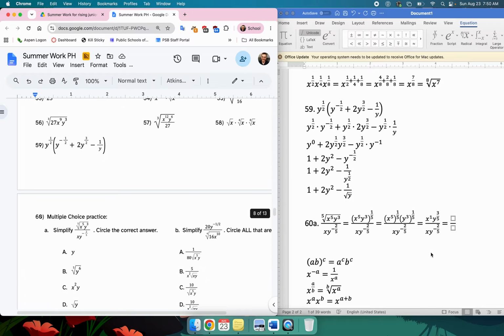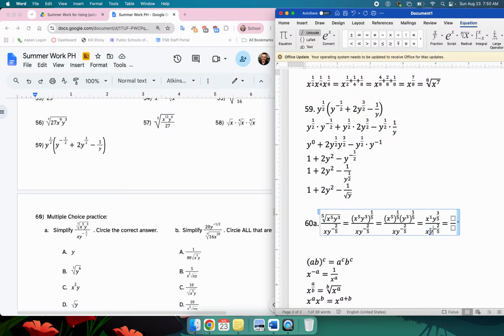Yeah, we have. Cool. So I won't re-explain it. If you have a negative exponent inside of a fraction, that term just moves. So that y to the negative 2/5 is going to go upstairs, but the exponent becomes a positive 2/5.